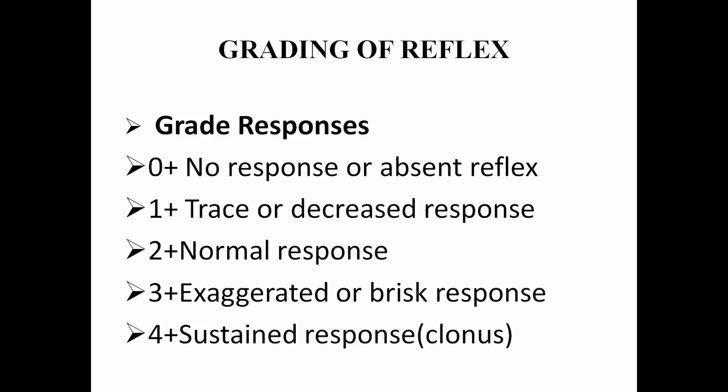Number 3 is the exaggerated or brisk response. And number 4 is a sustained response, that is clonus. So 0 is absent reflex, 1 is hyporeflexia, 2 is normal response, 3 is hyperreflexia, and 4 is clonus. That's it with the deep tendon reflexes and the grading of reflexes.